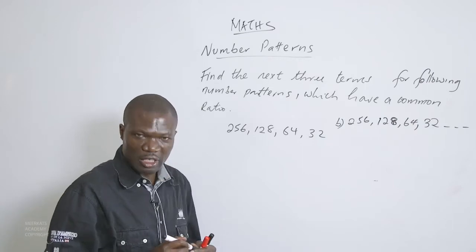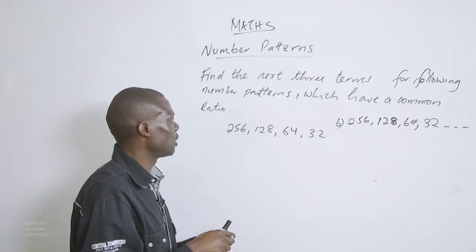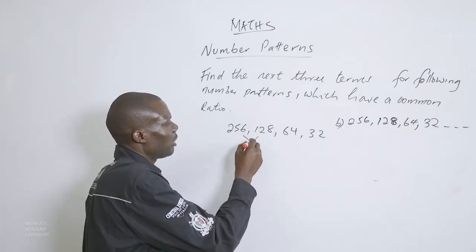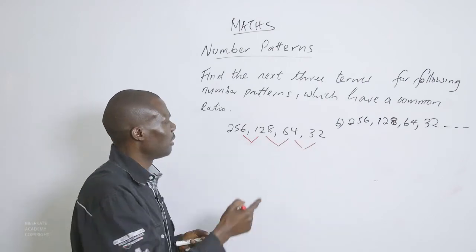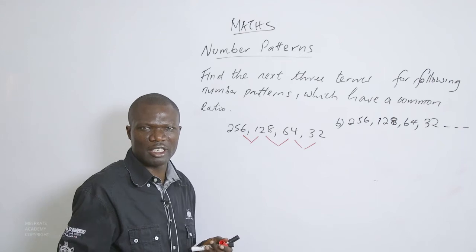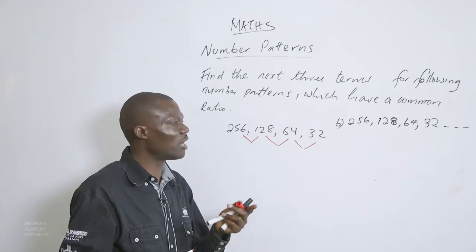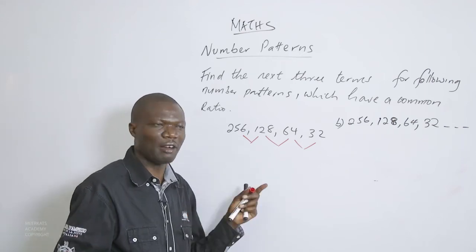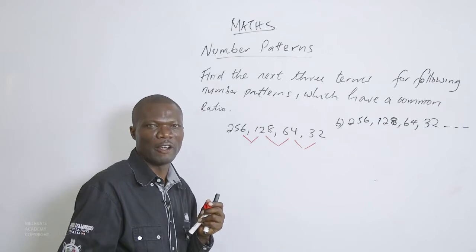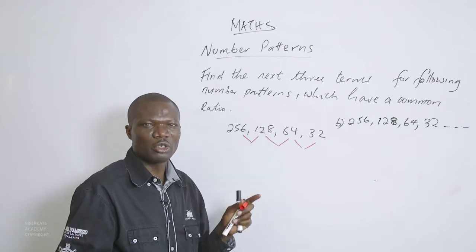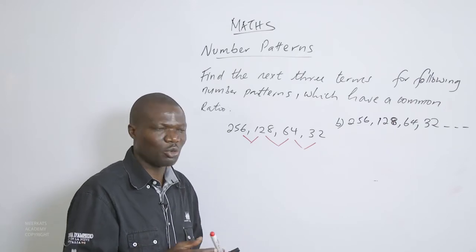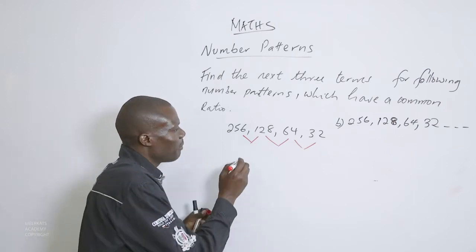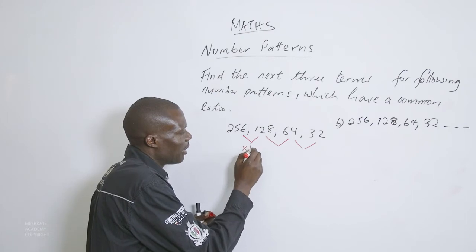You'll notice that in this particular question, we need to find the ratio between these terms. And you'll find that 128 is simply half of the previous. A half of 256 is 128. A half of 128 is 64. A half of 64 is 32.